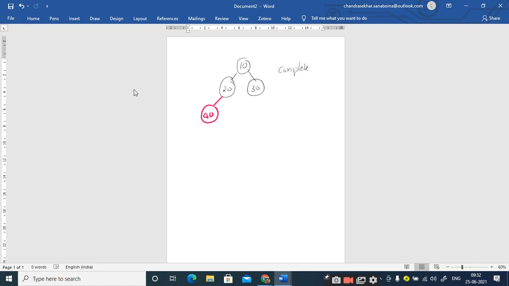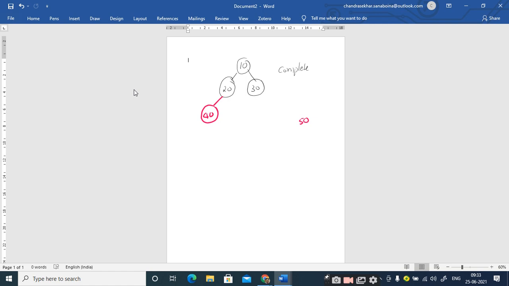When you are filling the last level, you should fill it from the leftmost part only. So after 40, if I want to add one more element, for example 50, where should this 50 be placed? Left side of 30, sir. No. Right side of 20, sir. Right, super. I am saying that insertion of new nodes, or the filling of the last level, should be left justified.